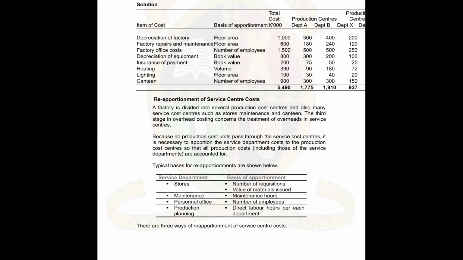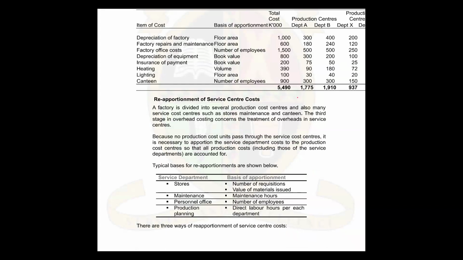Now, we made mention at the end of the conversation that after doing the apportionment, you will notice that some of the costs will be apportioned to service departments. The service departments are basically supporting departments. They are not part of the production departments.